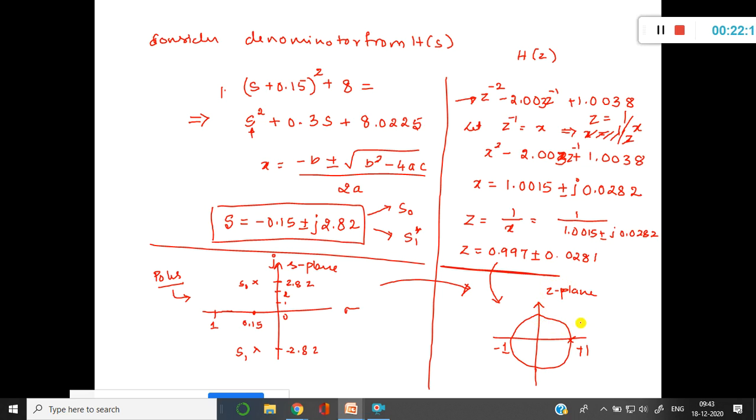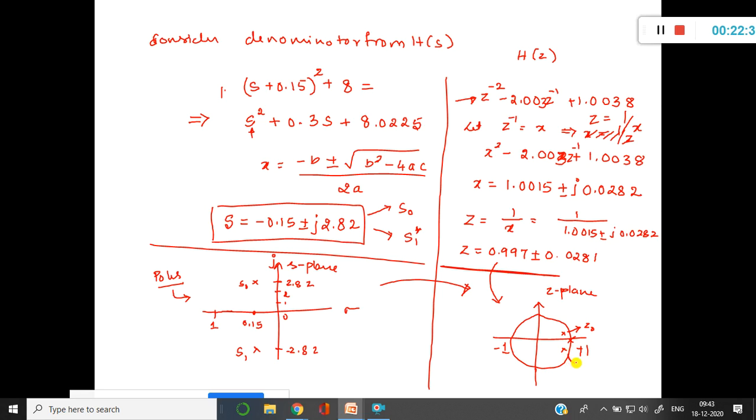So if I closely write this, this is 0.99, somewhere here, well within, below 1 or nearing 1 approximately. So here I can find my poles in the z plane.